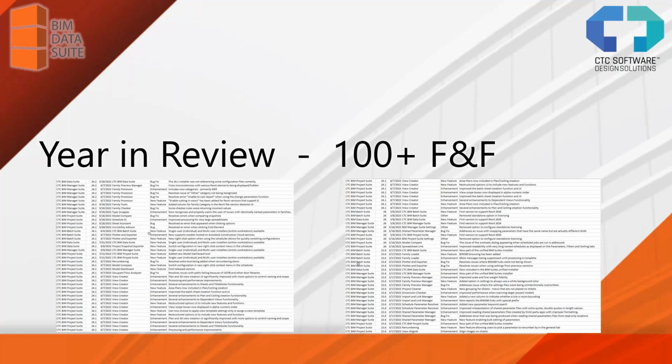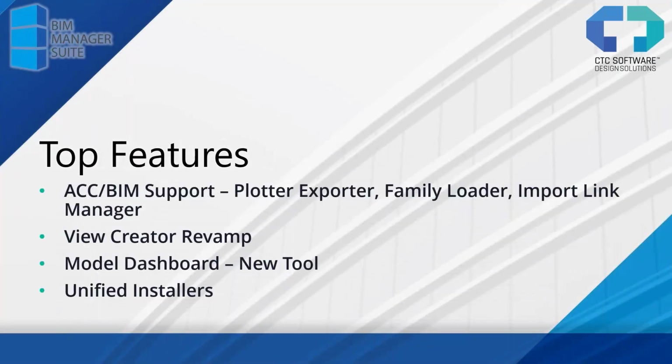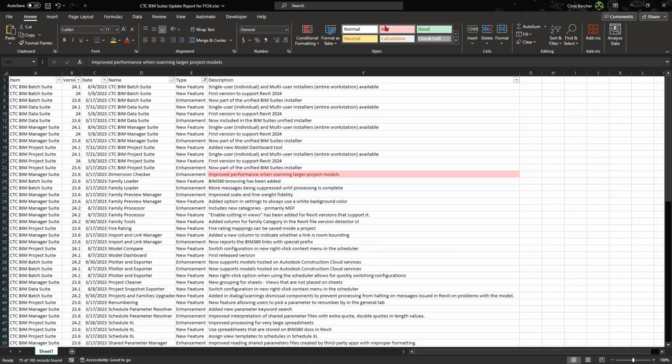Just within those four, we've added over 100 features and fixes. It doesn't look like much has changed on the surface, but a lot has changed and things have improved. So we've been very busy, and that's just in the last 6 to 9 months. So there's been a lot. And in that list, I can hand pick a few for you. Here's the spreadsheet for it.